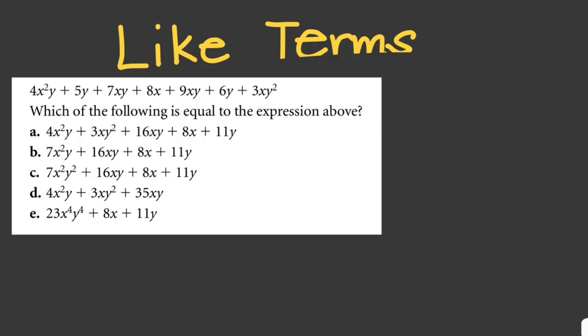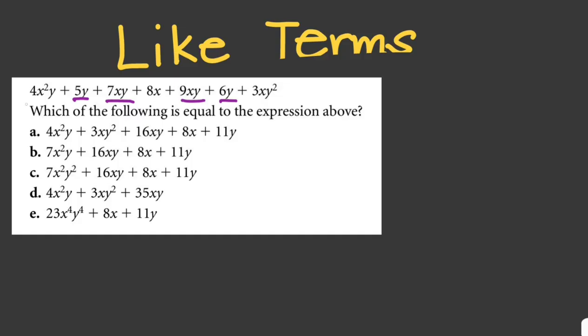So let's check the terms that are alike. 7xy goes with 9xy, then 5y goes with 6y, and the rest of the terms don't share the same variables with the others, so we can just leave them as they are.